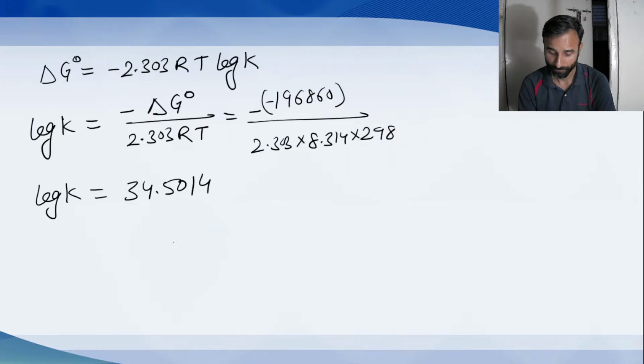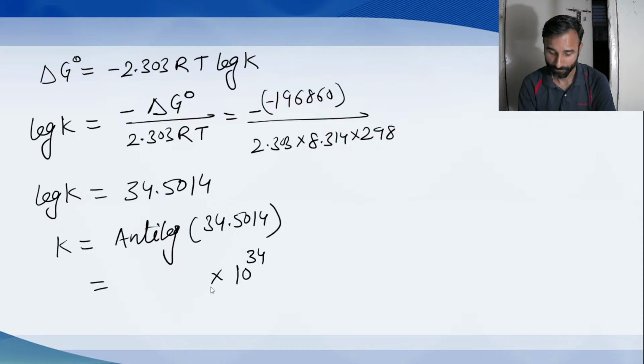And if we use this value, then again K is the anti-log of 34.5014, that is 10 raised to power 34 into the anti-log of 0.5014, which is 3.2, almost the same.